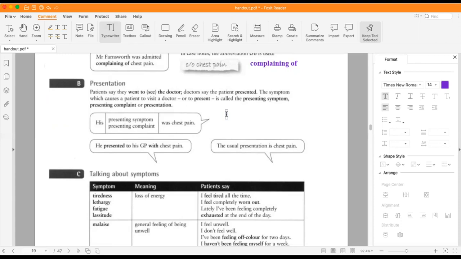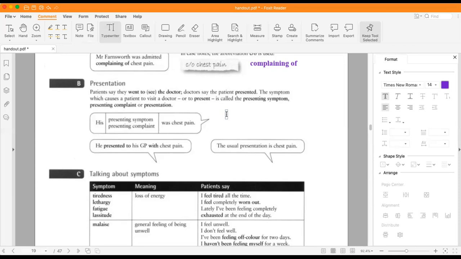The symptom which causes a patient to visit a doctor, or to present, right, is called the presenting symptom or presenting complaint or presentation. Let's have an example. For example, we say his presenting symptom was chest pain, or his presenting complaint was chest pain.